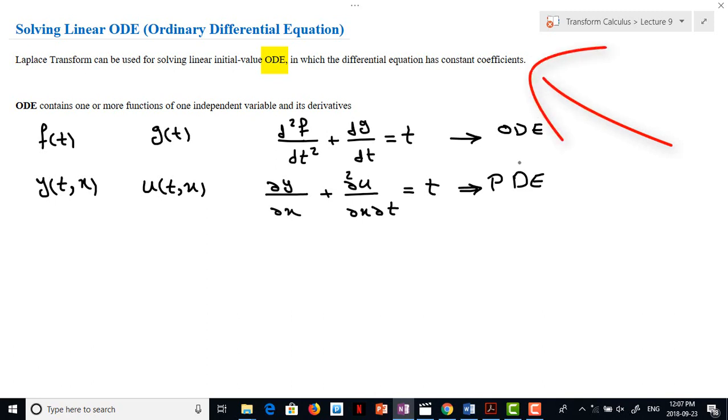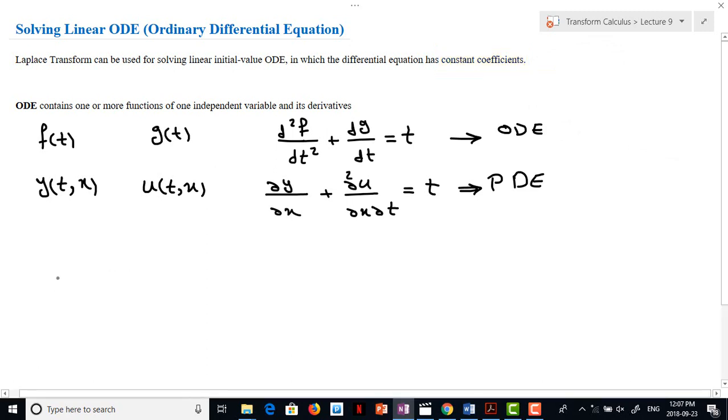In fact, if I want to write the general form of an ordinary differential equation with constant coefficients, which is an initial value problem, it's like this.